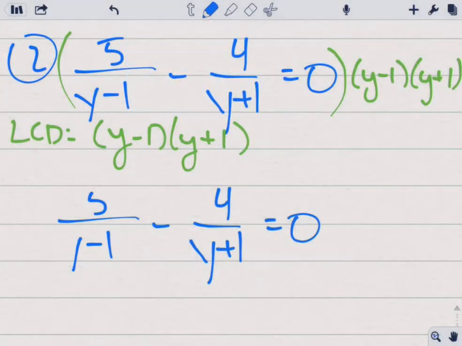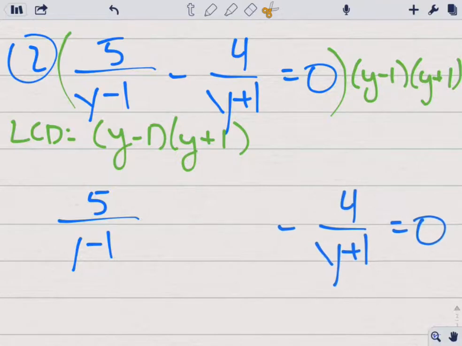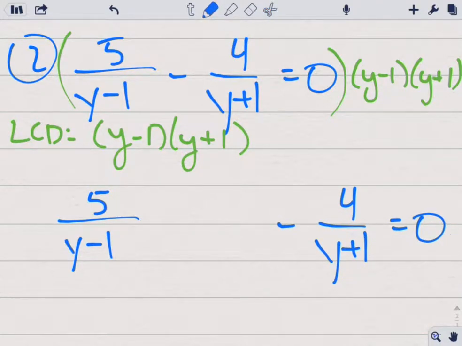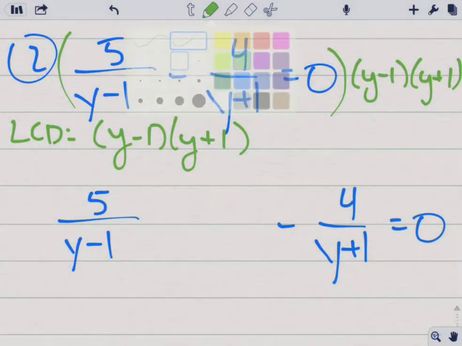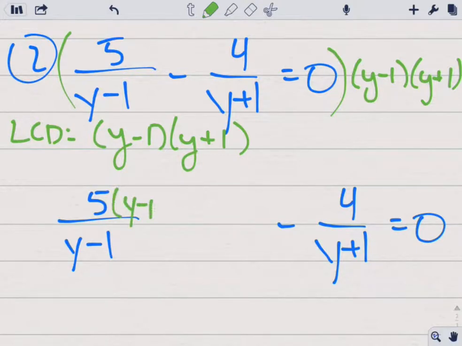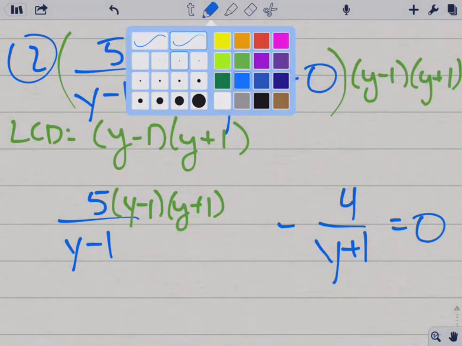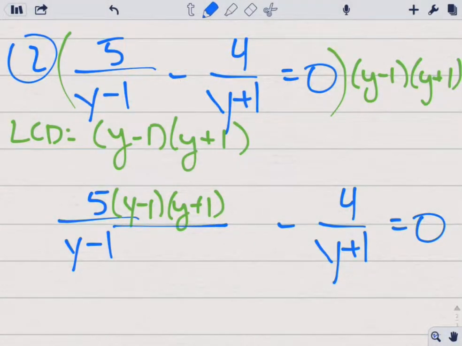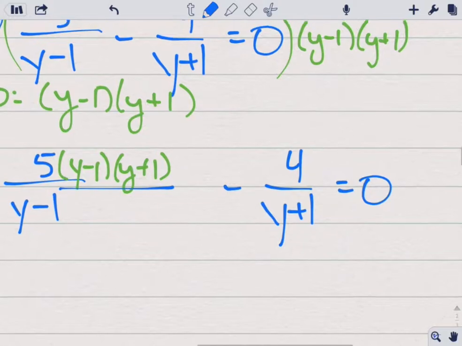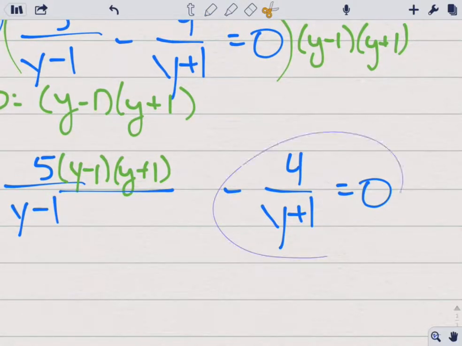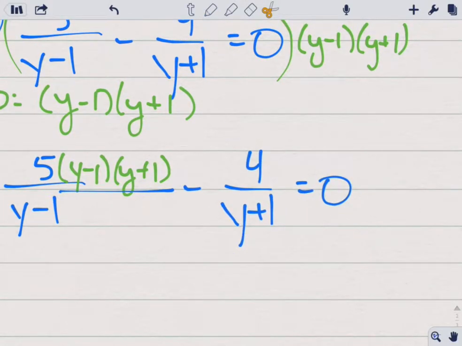So I'm going to take that and I'm going to rearrange this a little bit. I multiply my top by y minus 1, y plus 1, and that's all over that. Slide this over.